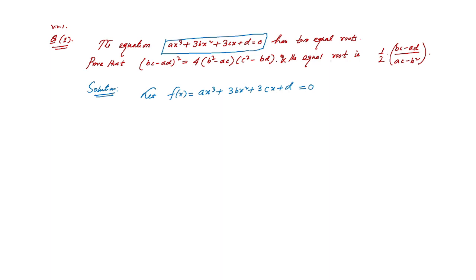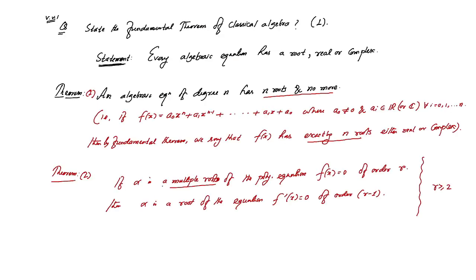I am assuming that alpha is the repeated root, so let alpha be a double root, the root of multiplicity 2, a double root of f(x) equals 0. Then since alpha is a double root, alpha is a root of multiplicity 2, so alpha is a multiple root.